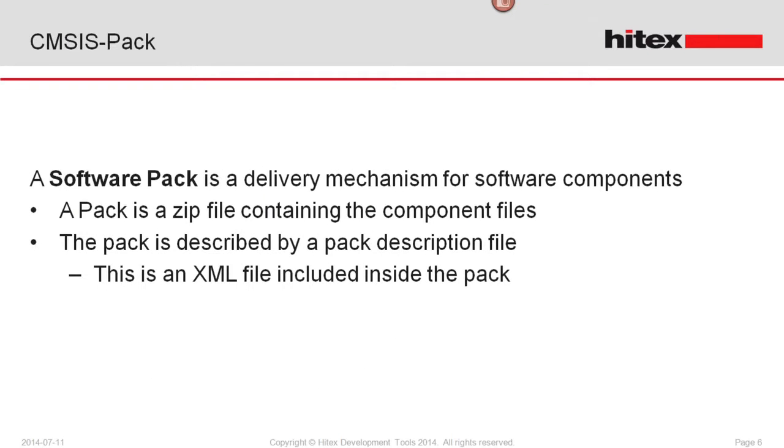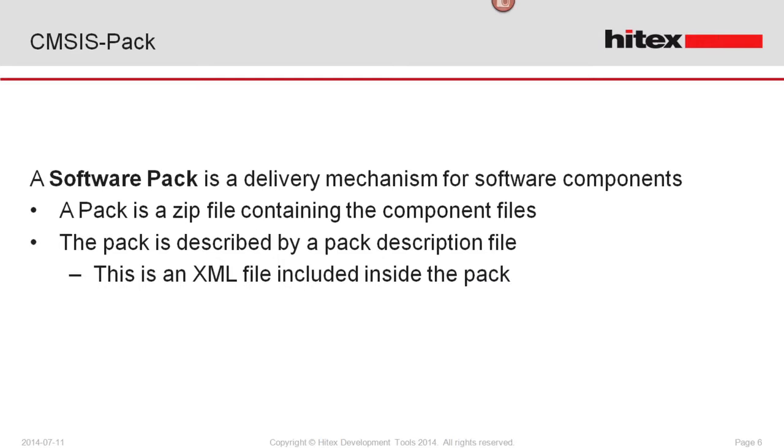There's also an additional CMSIS standard called Software Pack, and this allows us to bundle up the software component so that it can be transferred and installed into a toolchain. So the CMSIS Pack is really a delivery mechanism for software components, and in effect it's really just a zip file which contains the software components that we want to transfer, if they're C source files, library files, object files, or even binaries.